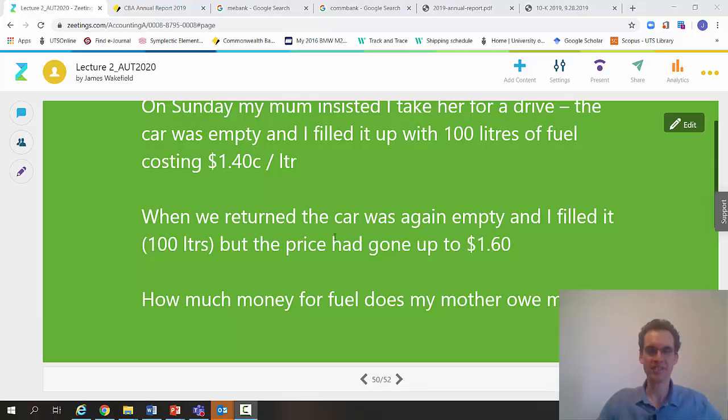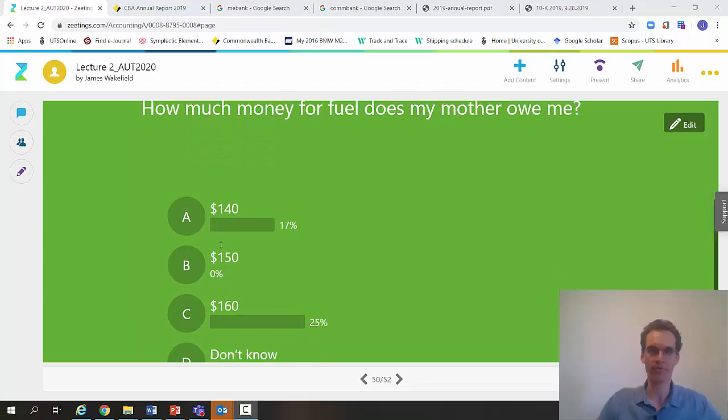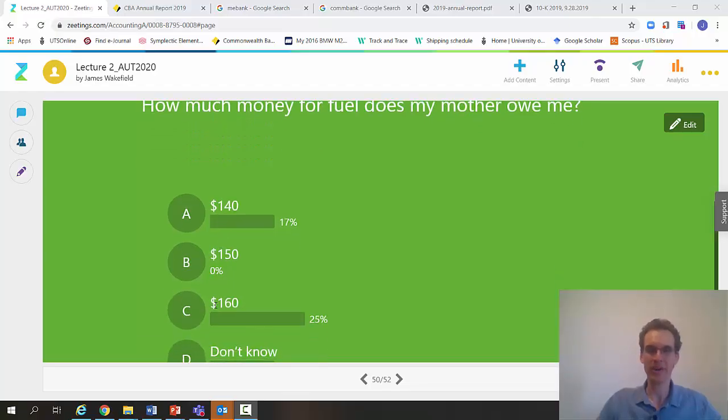Not $160. That was incurred when the car was returned, filled up, and that's sitting there ready to use next time I take the car out. So the cost of what we actually used up was $140 worth of fuel. It was not $160 worth of fuel. Okay, that's the first thing that I would like you to answer.